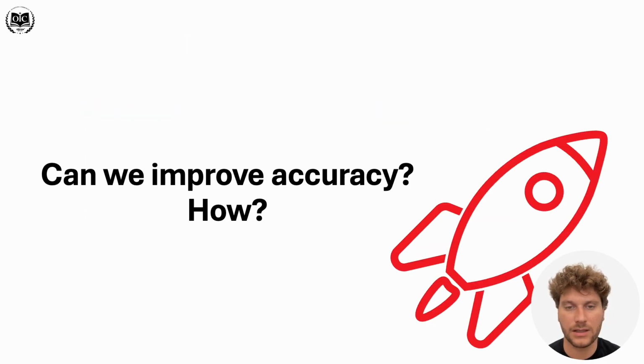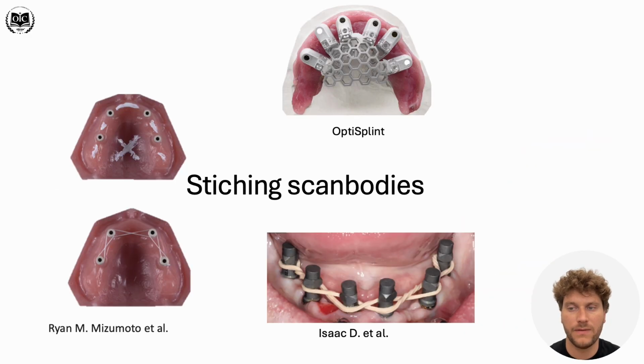So, knowing all those aspects that we come across in our clinical practice, the research tells us that we are not there yet in terms of accuracy for full arch cases using only digital dentistry tools. So can we improve the accuracy? And if yes, then how? The first thing we can do is use some sort of stitching of the scan bodies.